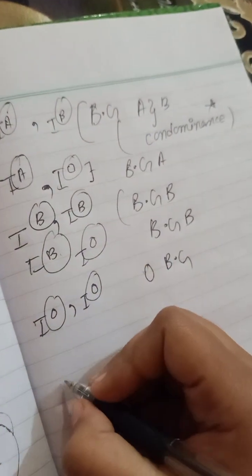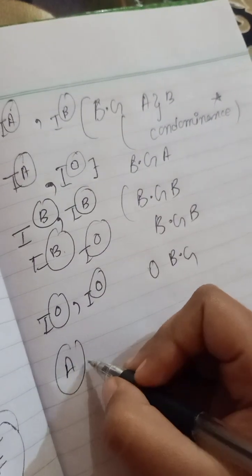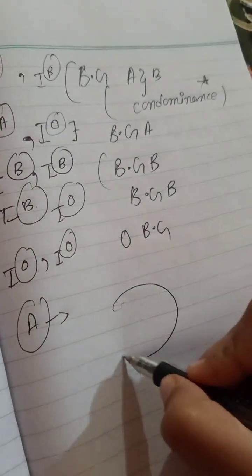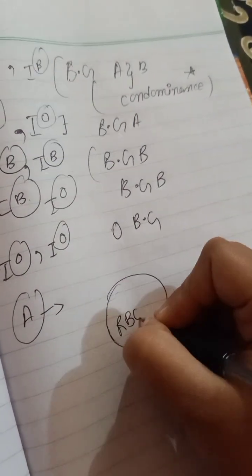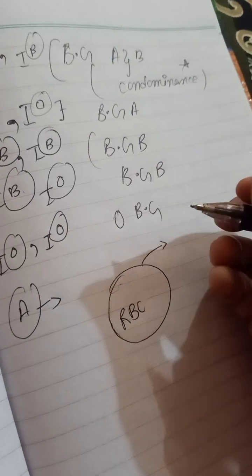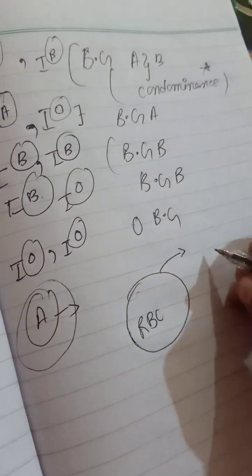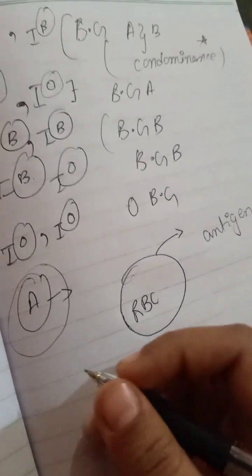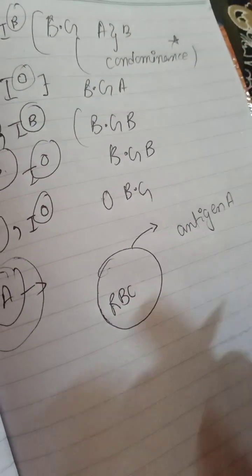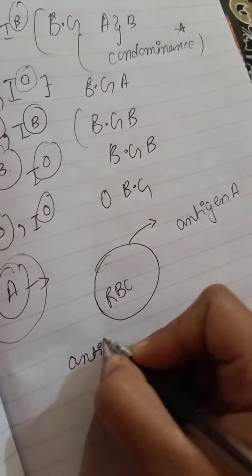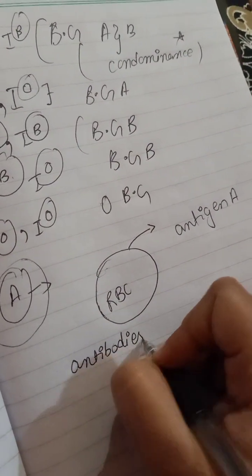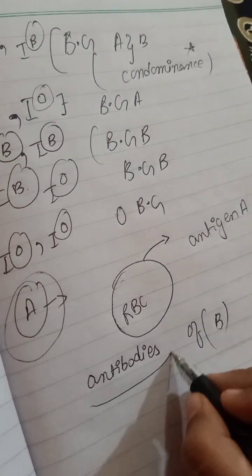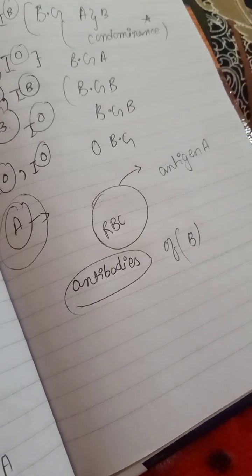For example, take blood group A. On the RBC of that blood group, the antigen is A, and this will make the antibody of the opposite blood group, which is the antibody of B, also called the plasma antibody.